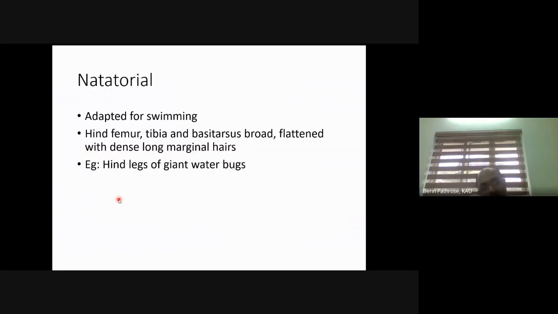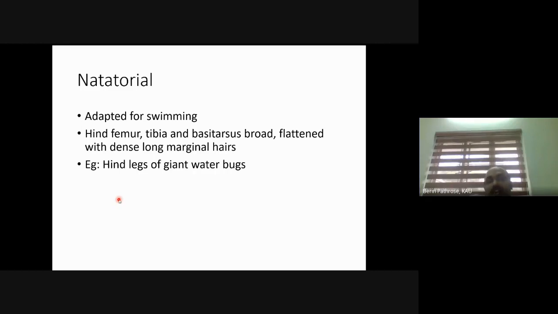Coming to the next one, natatorial legs, which are adapted for swimming. When we discuss different modifications, I told you in the antenna modifications also, why insects have so many modifications. These kinds of modifications enable the insect to occupy diverse habitats.